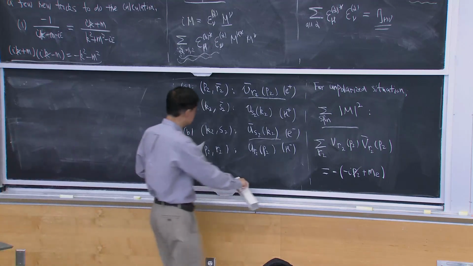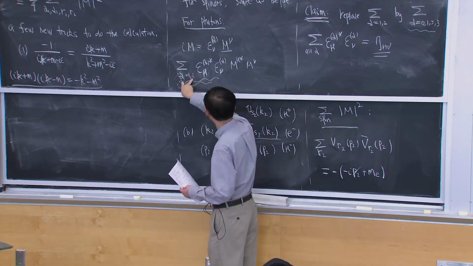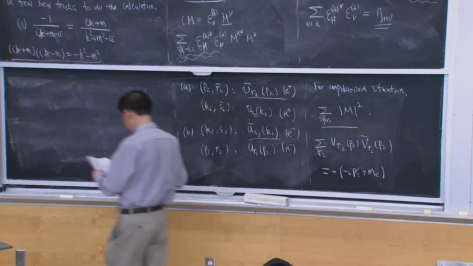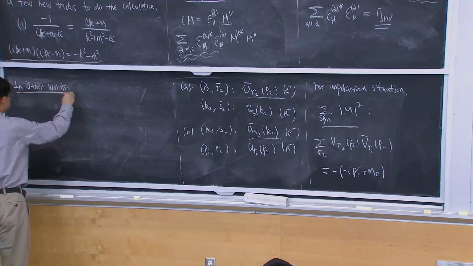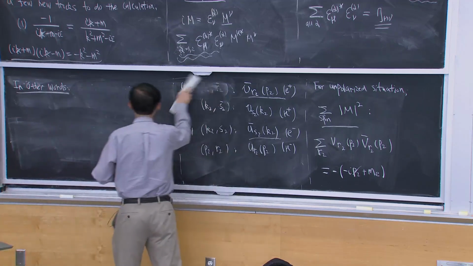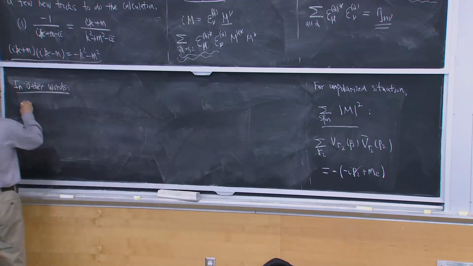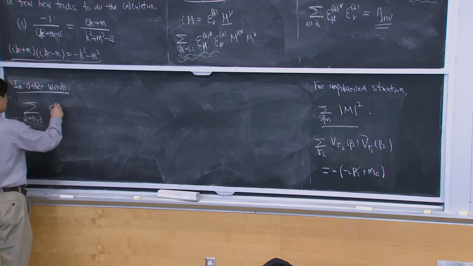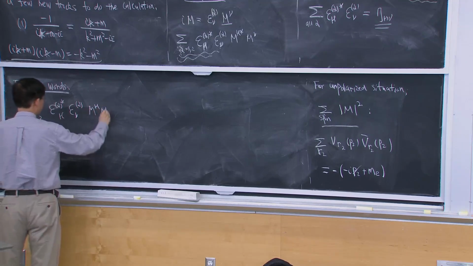If you look at the difference between the sum over alpha equal to 1, 2 and the sum over all alpha, in other words, we claim that the sum over alpha equal to 0 and 3 of epsilon alpha star mu, epsilon alpha nu, M mu, M nu is 0.